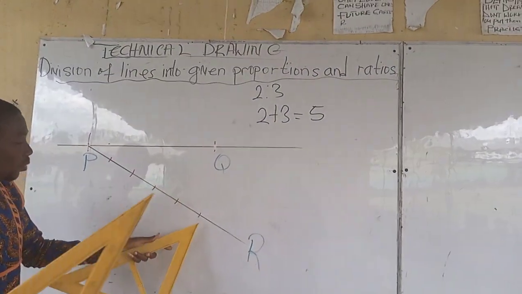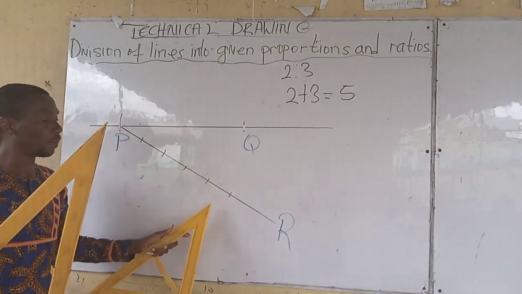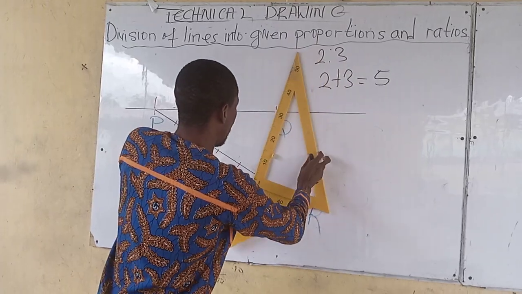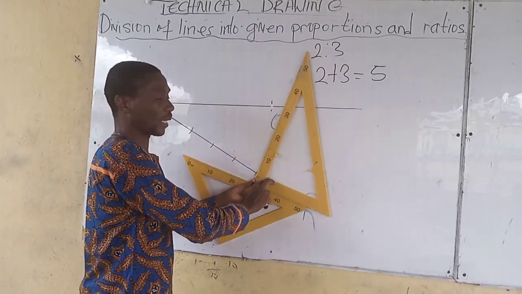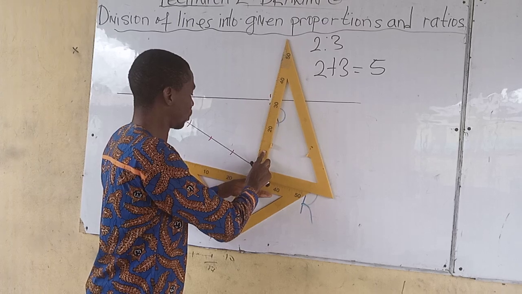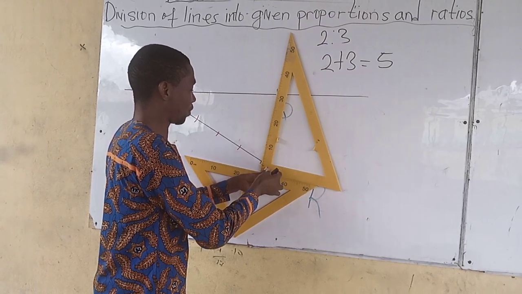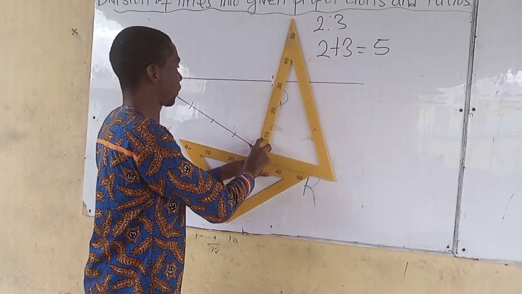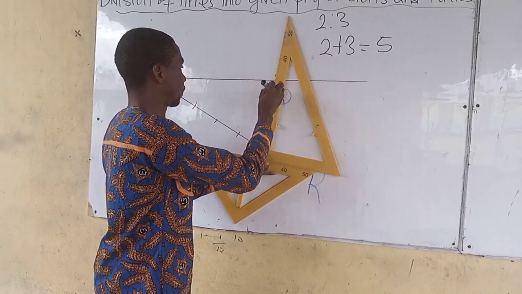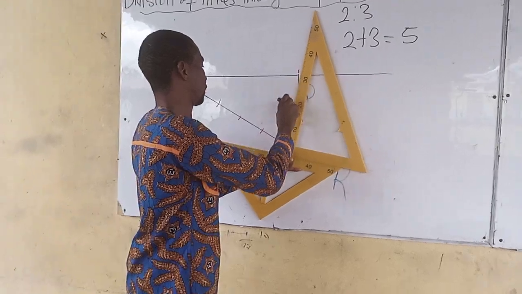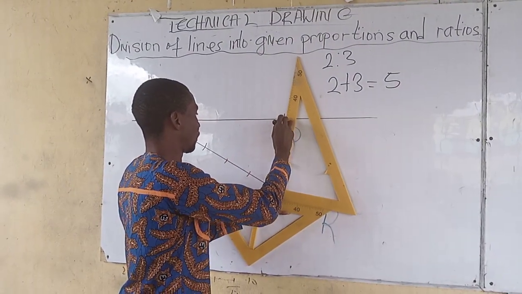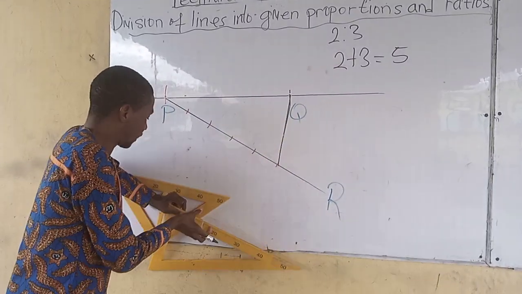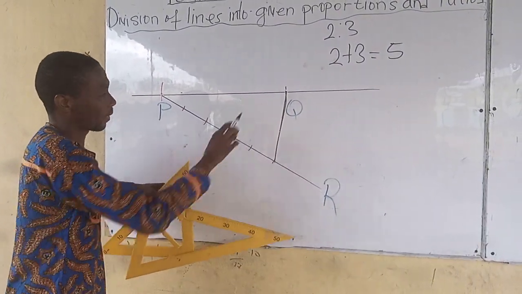Now let's join the last point of PR to Q. You do it this way. Don't just watch, practice as well. You join the last point to meet this one.